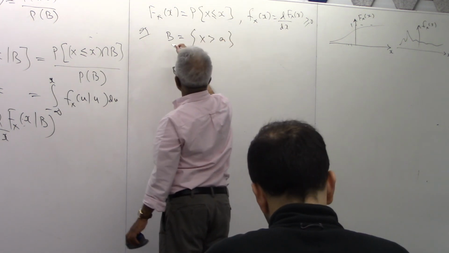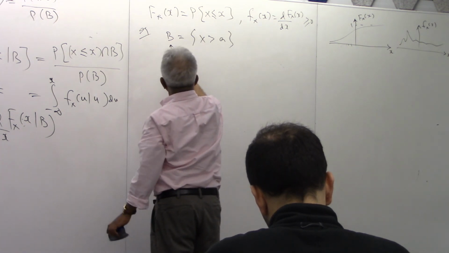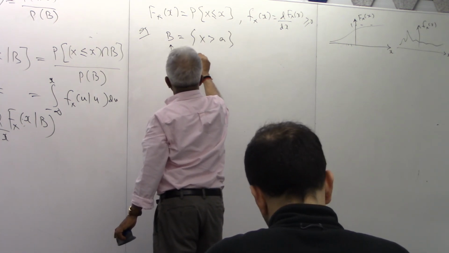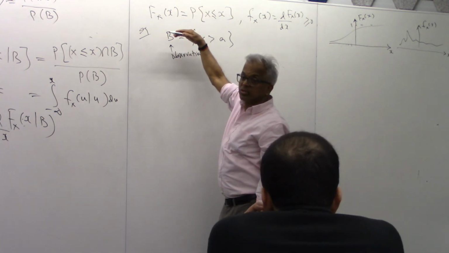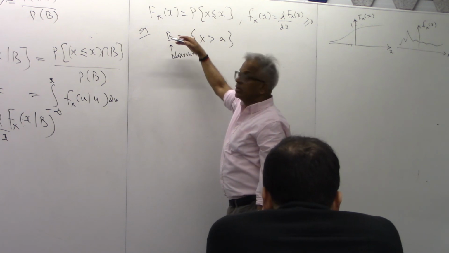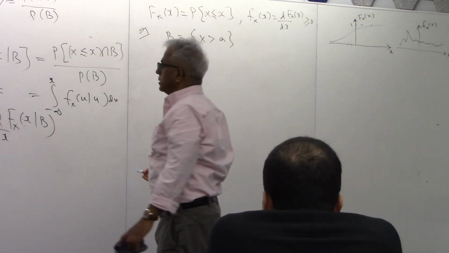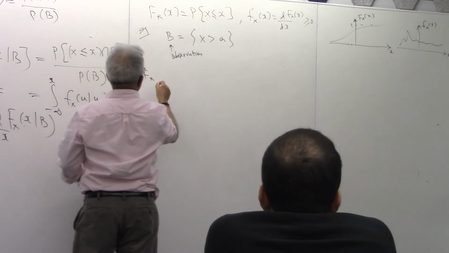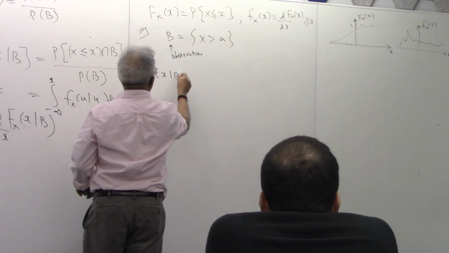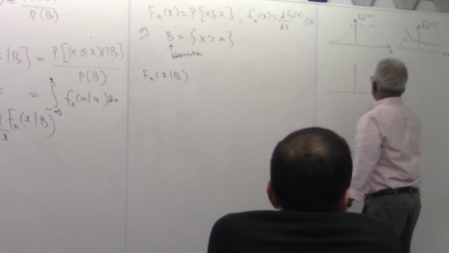This is given to us. This is the observation. So the question is, how do you modify this in presence of this observation? This has happened. The random variable is known to take values only beyond a. So we'll use this definition. We will start with the distribution function. We'll draw it below this so that you can get it.